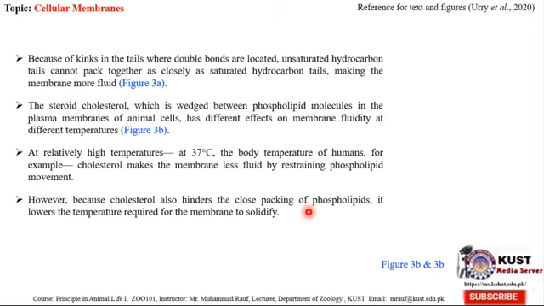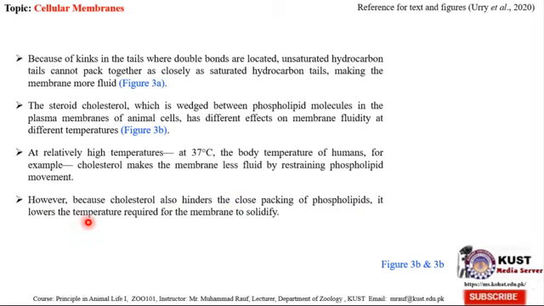On the other side, it is present in between the phospholipid tails, and therefore the phospholipid tails on both sides of the cholesterol molecules are being pushed and packed closely. So cholesterol also hinders the close packing of phospholipids.